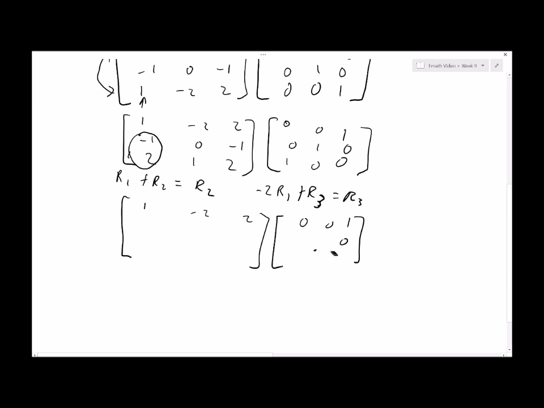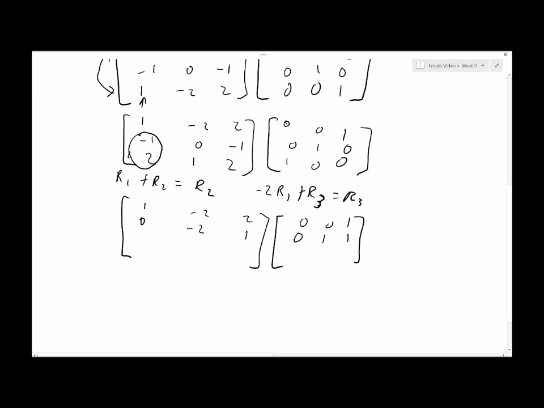We're going to do multiplication and stuff to it, so don't do that. So now, row 1 plus row 2: 1 plus a negative 1 is 0, negative 2 plus a 0 is negative 2, 2 plus a negative 1 is 1. And now we go to the other side: 0 plus a 0 is 0, 0 plus a 1 is 1, and 1 plus a 0 is 1.